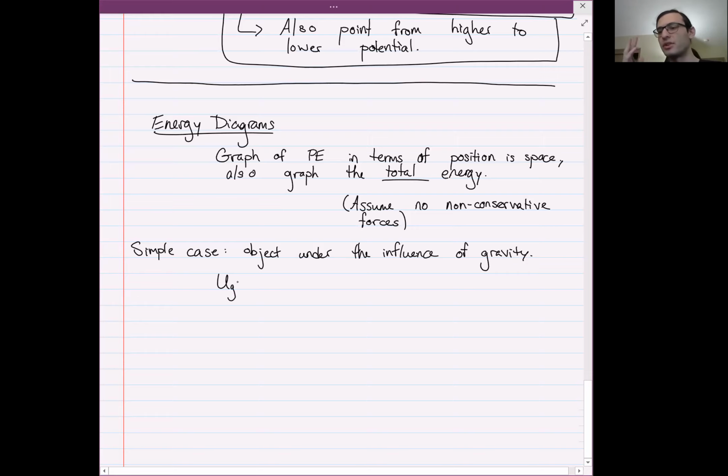So up is in the positive y direction. So the potential energy function for gravity is just mgy. And again, we could have added plus U naught, but we don't have to. And so for the sake of simplicity, let's not. Let's also assume that the object, whatever it is, has some total energy.